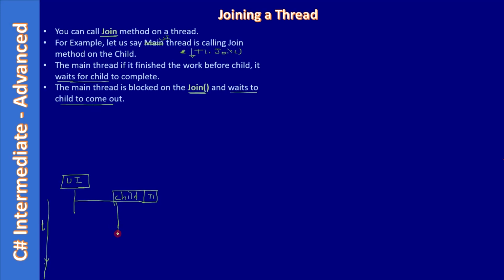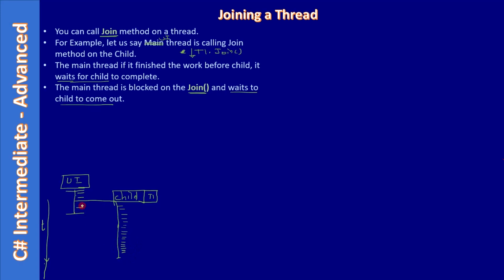The child thread is going on, and in the main thread, let's say there are 4 instruction sets, and here the main function is finished. The child thread has multiple instructions.